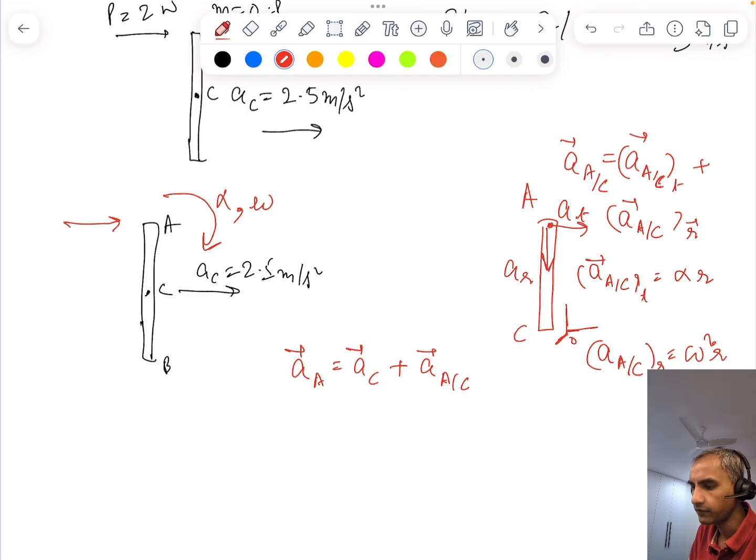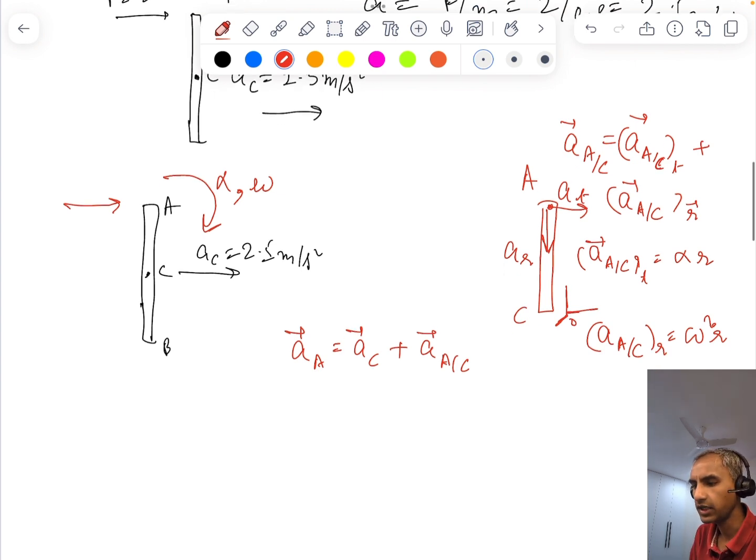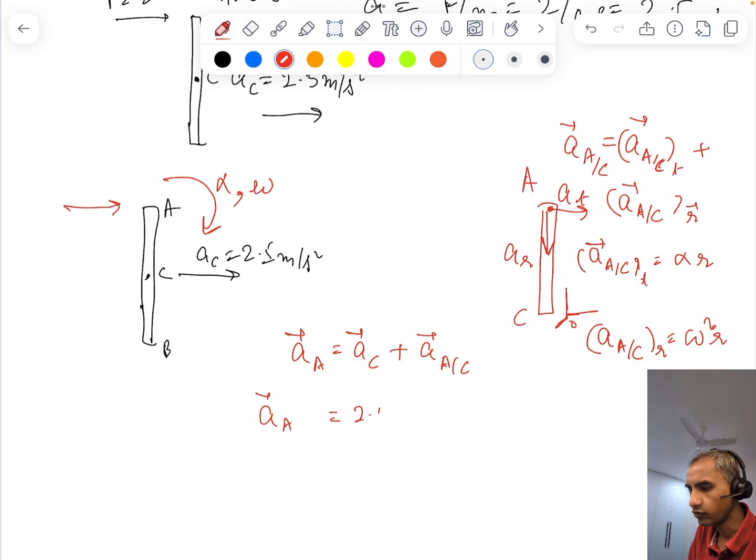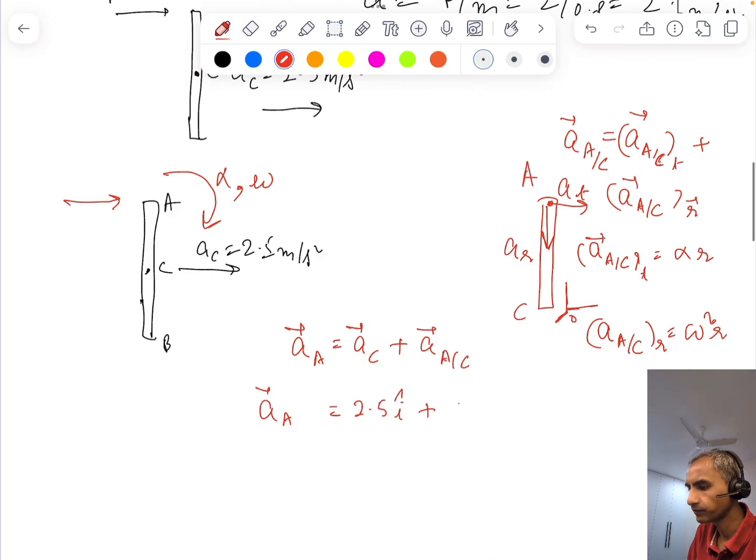So we have AA, which is now, let's do one thing. Let's write the vectors over here. So let's resolve that. So AA is equal to 2.5 i plus alpha r, and of course r is 0.5 because the length of the body is 1 meter, so half of that is 0.5.